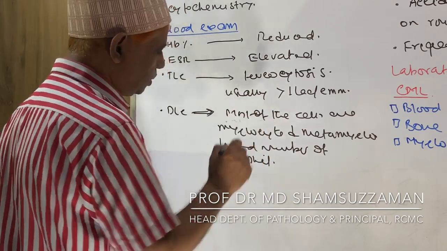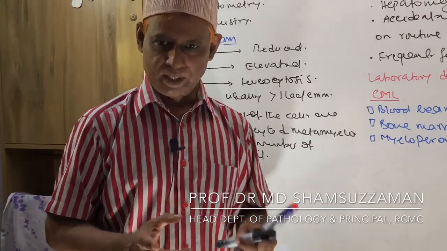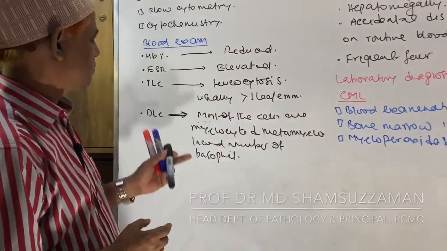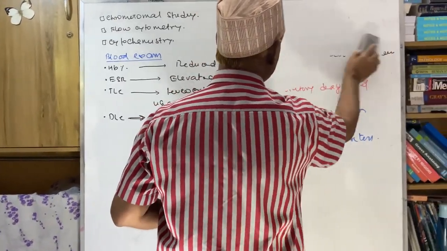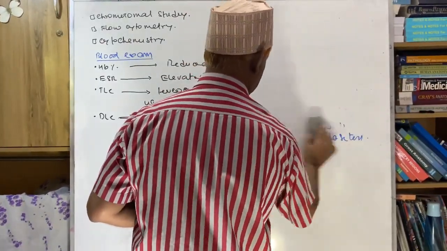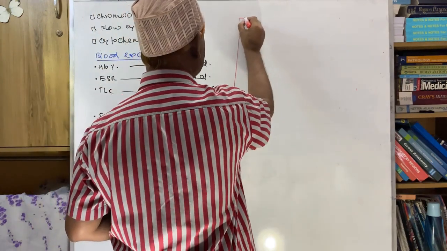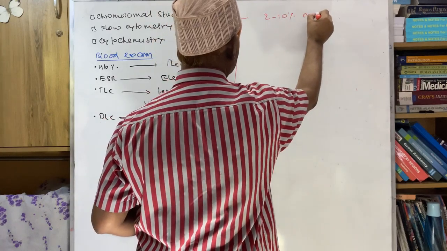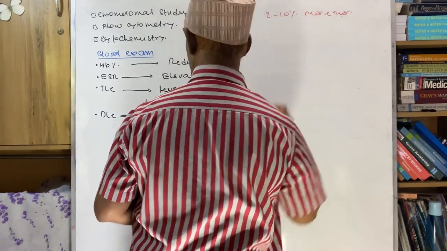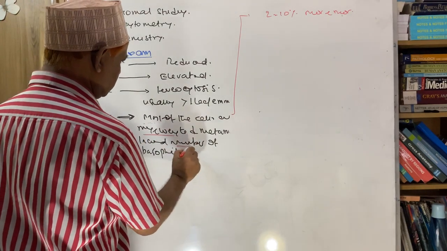Dear audience, you know basophils in our blood are usually less than 1%, but in a case of CML, the percentage of basophils is 2 to 10% or more than 10%. So in DLC, basophils are 2 to 10% or more.